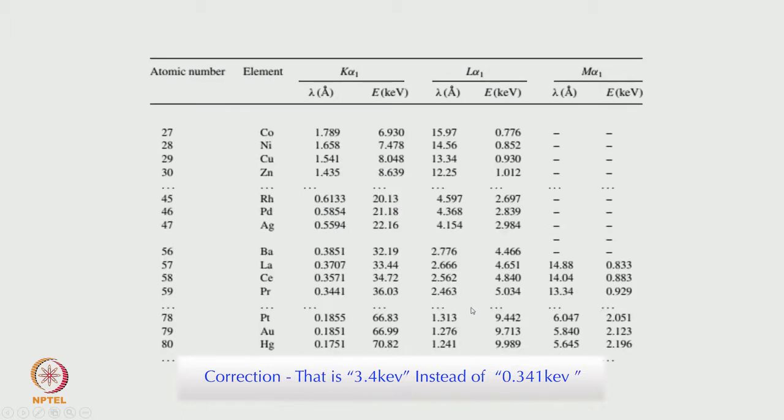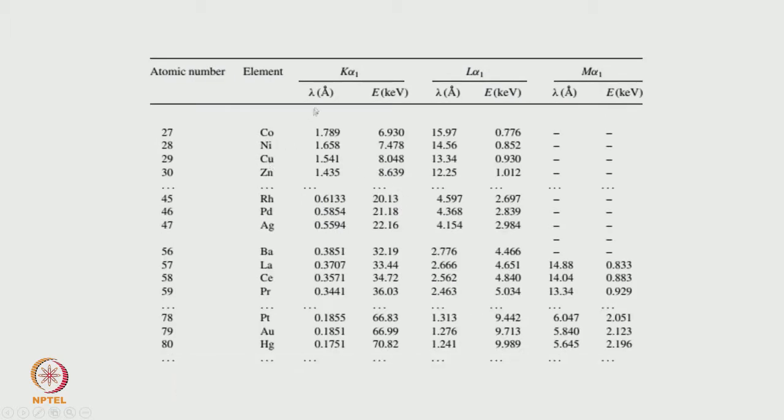Similarly, for copper, 8.048 is the energy of the K alpha X-ray, whereas the L alpha X-ray is 0.93. So, compared to K alpha, the L alpha has very small energy. Even for elements like gold or mercury, the energy of the K alpha is of the order of 60 to 70 keV and the L alpha has energy close to 10 keV.